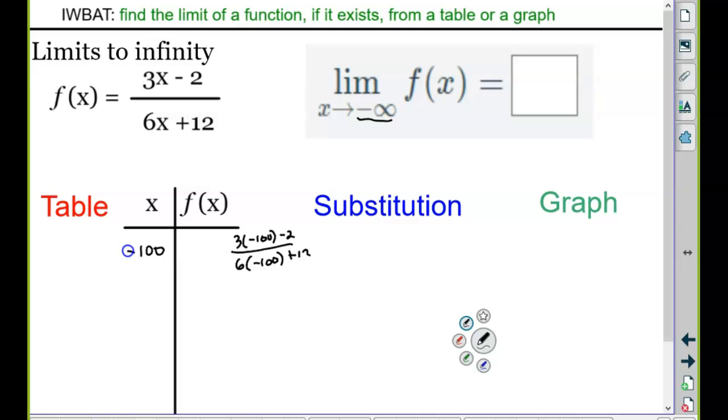Now, we're not going to go super crazy. I'm not going to reduce fractions. But we know we get negative 300 minus 2, so negative 302 on top. Now at the bottom, I get negative 600 plus 12, so I get negative 588, right?